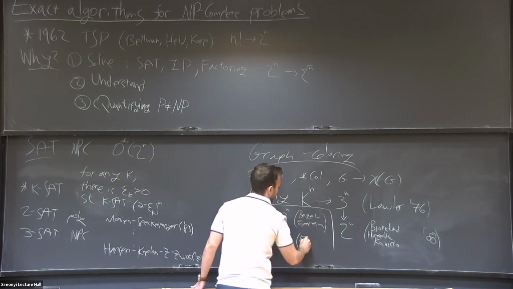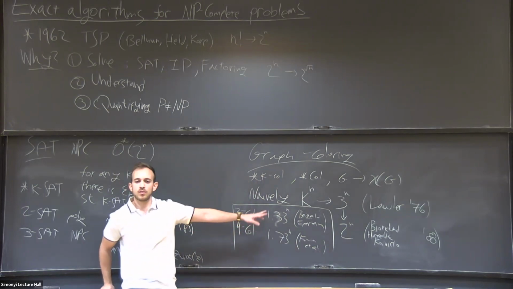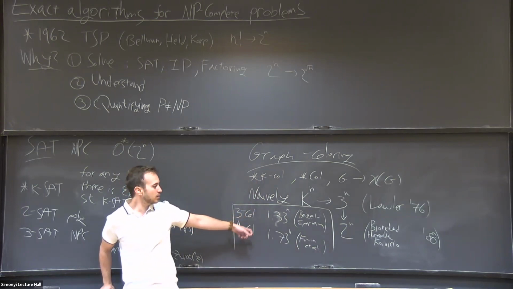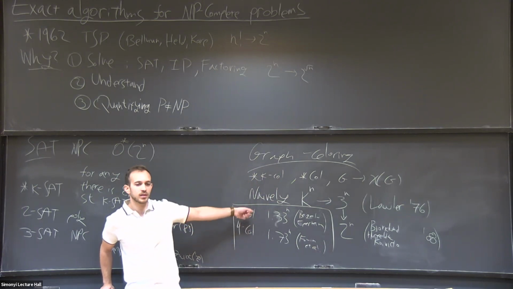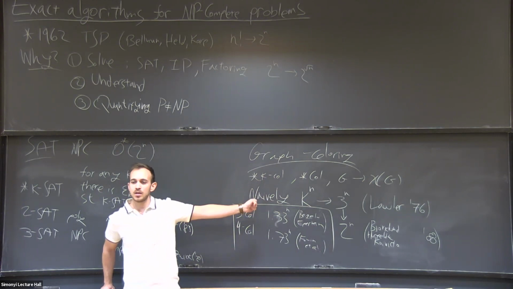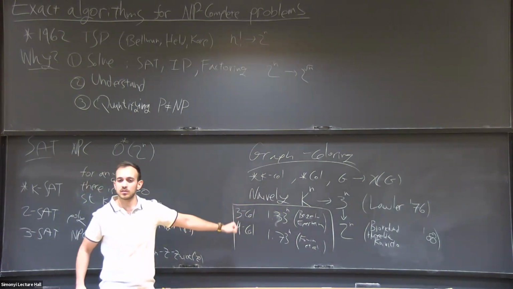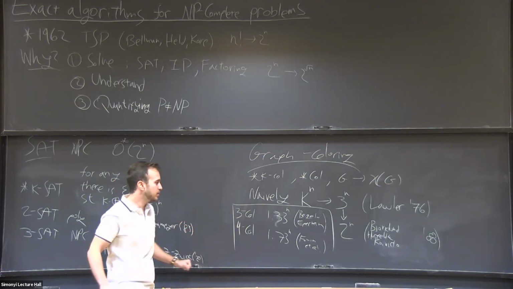This is Byskov et al. But this was all that was known. For any K which is larger than 4, there was no algorithm for K coloring faster than computing the chromatic number of a graph. We are going to give only a partial answer to the general case in this thing.